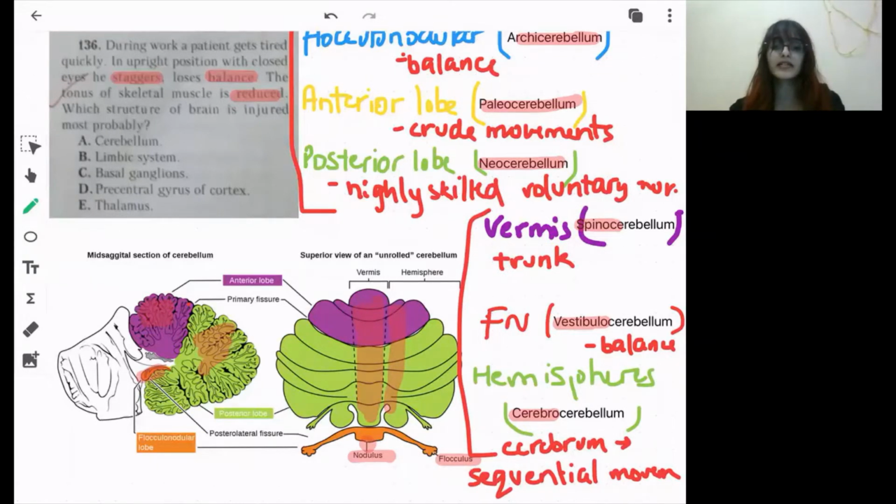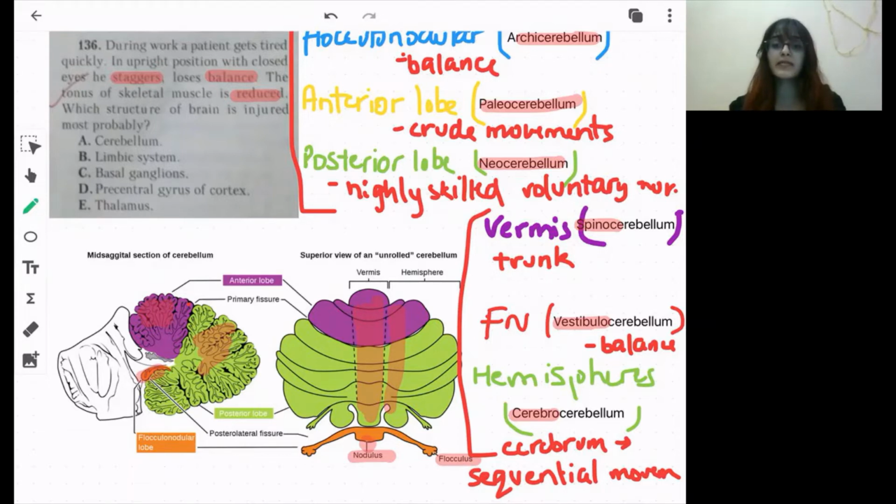It is responsible for the muscles of the trunk or the axial musculature: the trunk, shoulders, and hips. Thus, the lateral hemisphere, also called the cerebrocerebellum, along with cerebrum, helps in planning the sequential movements.